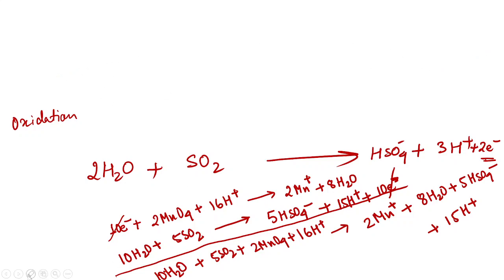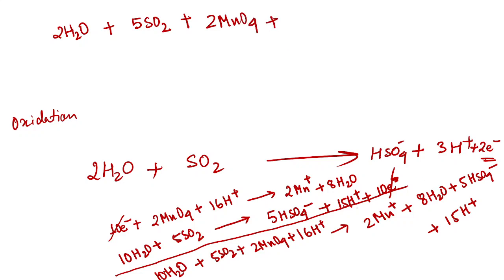Now you see. Whatever the like terms are, bring them together. When this 8H2O comes to this side of the equation, it will be subtracted from the 10H2O. So you will be left with 2 molecules of water plus 5SO2, which has no like terms, plus 2MnO4, plus the 16H positive.